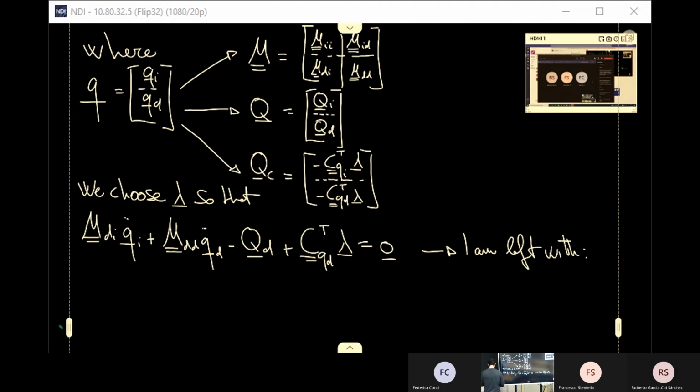Well, with the rest, with the following part, no? What is left is this one. It's just very similar to what we have done for the particle case, no? The system of particles. Here we have bodies, but the reasoning is just the same.